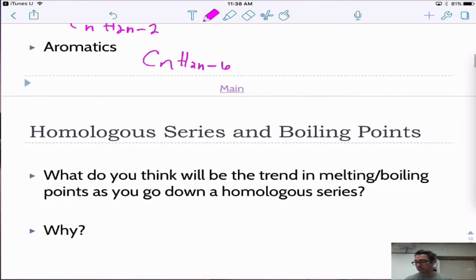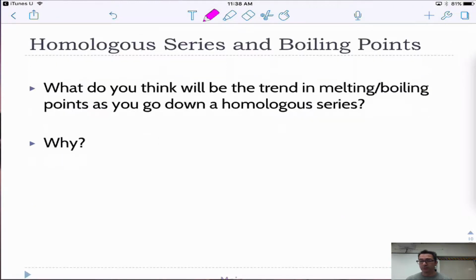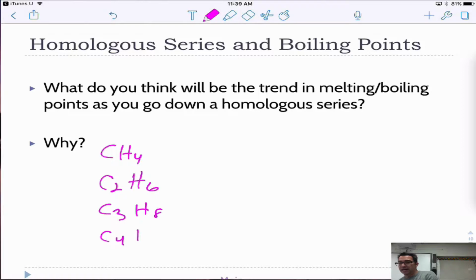Another thing that we look at with homologous series are the boiling points. And depending on which homologous series you're looking at, you might see that they start at different points if they have hydrogen bonding or if they have London dispersion forces. But generally, they're going to have very similar melting points / boiling points as you look at the homologous series. And so we could see something like CH4, C2H6, C3H8, C4H10, C5H12.